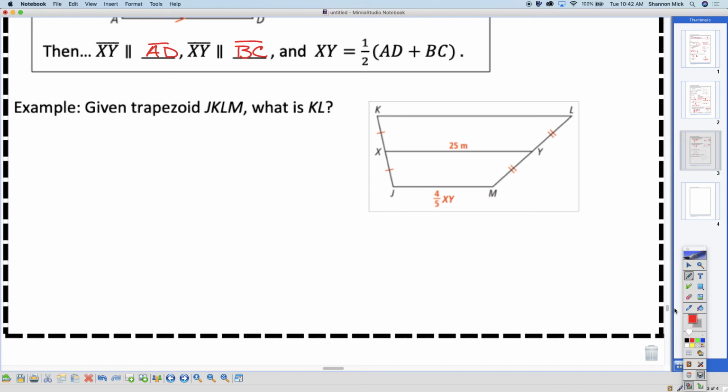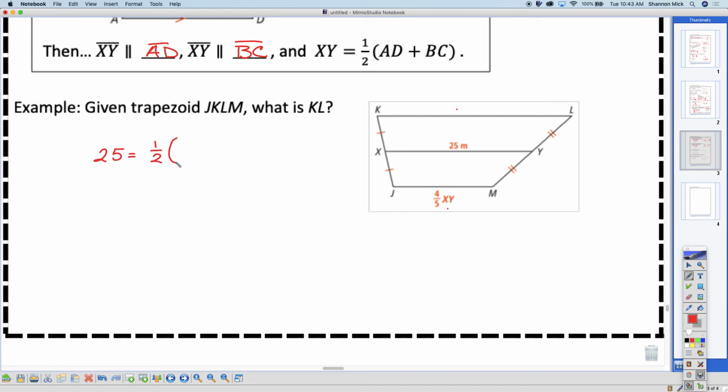Okay, so we got one last example, guys. So I need to know what KL is, correct? Yes. So I know that XY is equal to 1/2 the bottom plus the top, right? So that would mean 25 is equal to 1/2 the bottom.